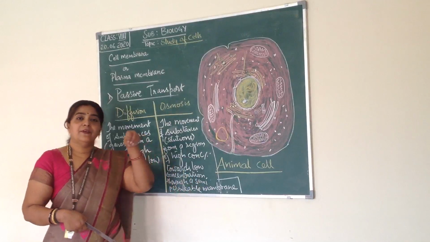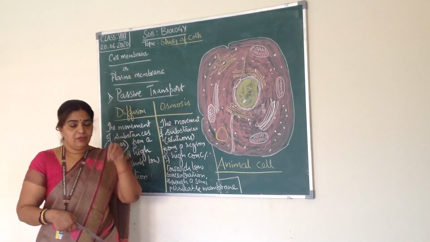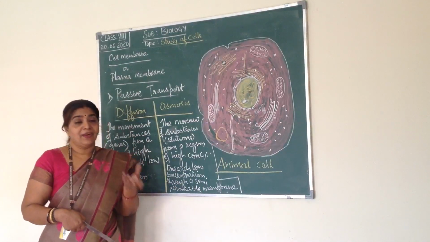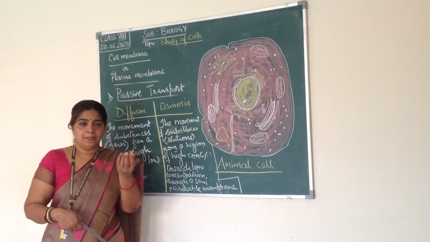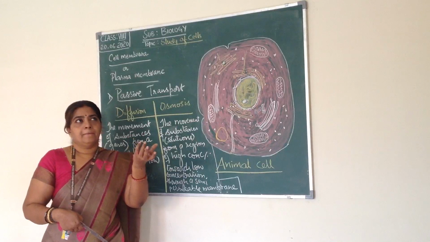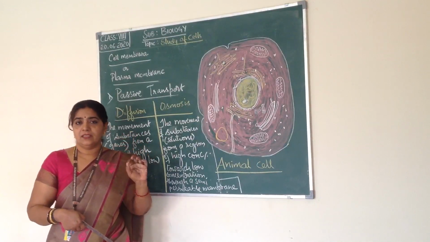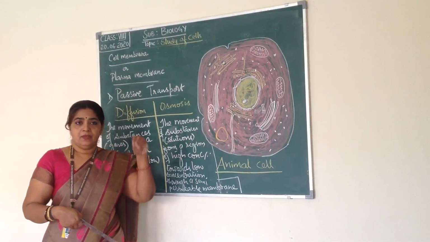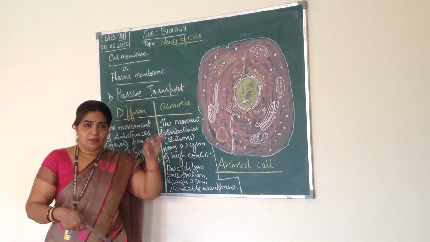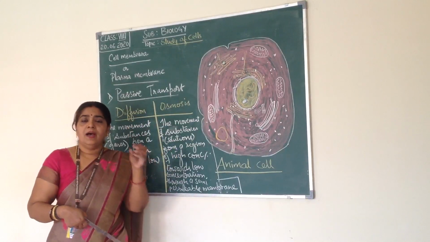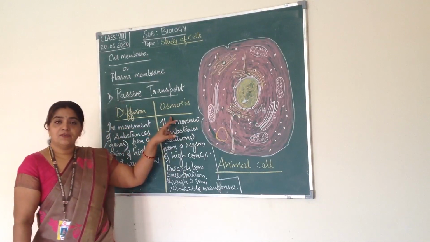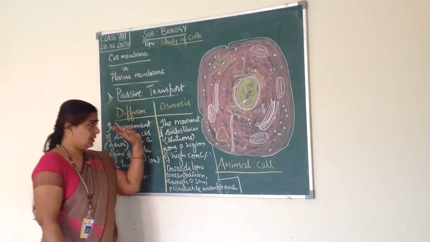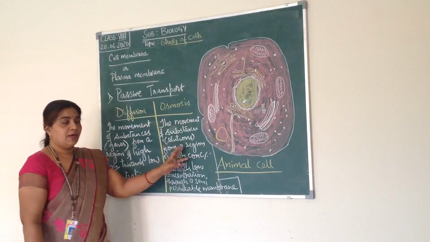Whenever we soak some pulses or rice in water, after some time it swells up. Raisins are nothing but dried grapes. When we soak them in water, after some time they swell up. How do they swell? It is because of the osmosis process. I think you have understood these two processes.